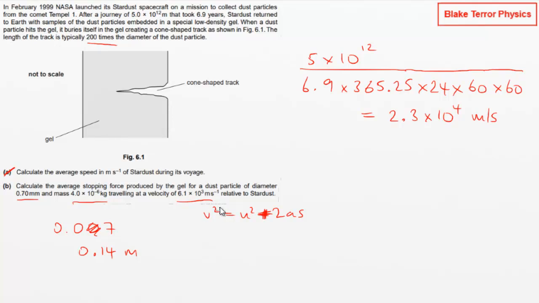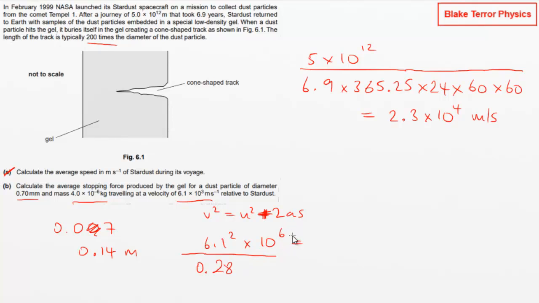So we've got a 0 here, so we're going to get a magnitude of the acceleration by saying 6.1 squared times 10 to the 6 divided by 2 times 0.14. So let's just make that a 0.28. That is going to be our acceleration.